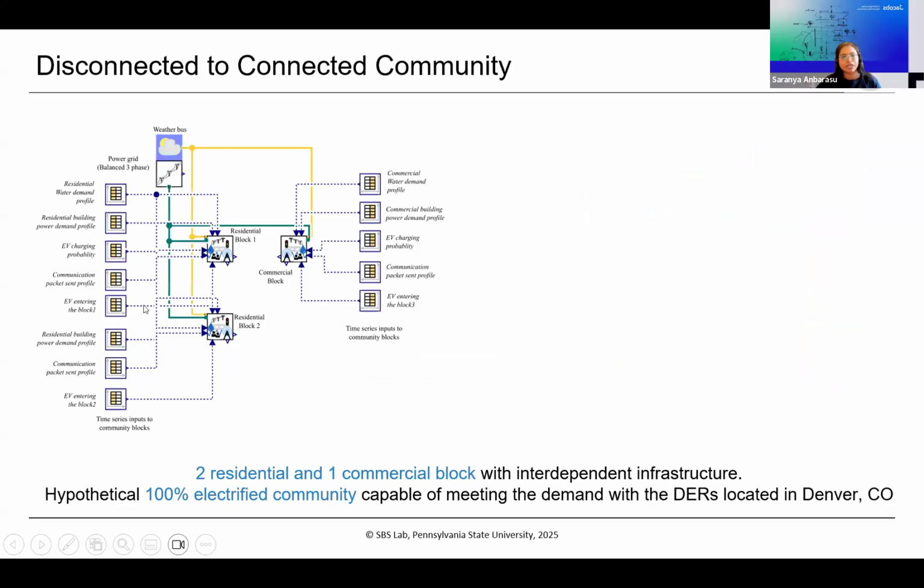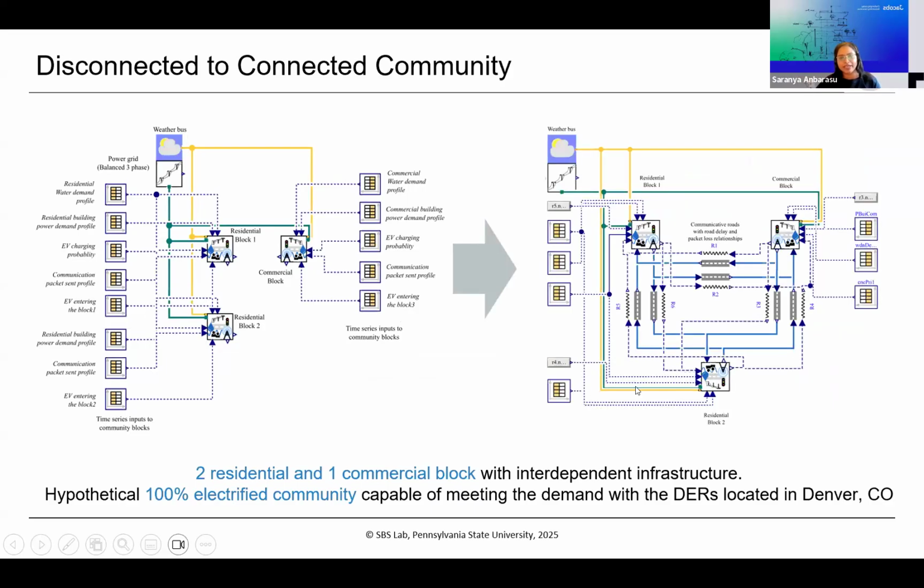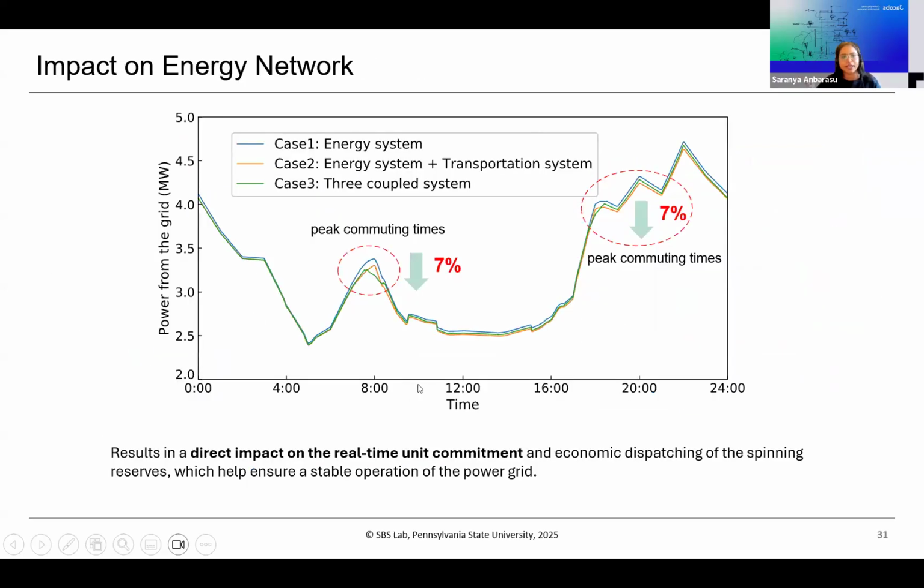So we went from a completely disconnected community, which was a baseline, to a completely connected community with three integrated systems. And this is a 100% electrical community, so there are no fossil fuels considered in this work. Here is how the total energy consumption of the community looked for a 24-hour period.